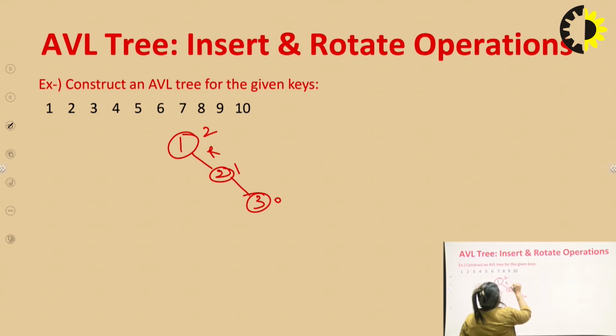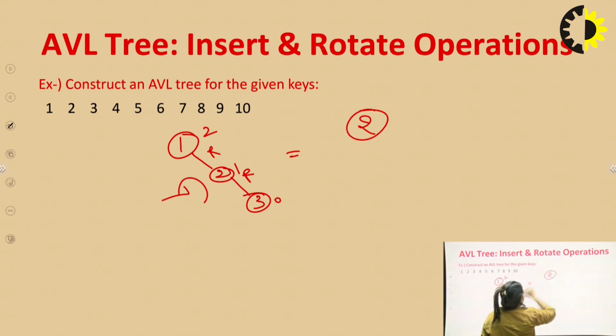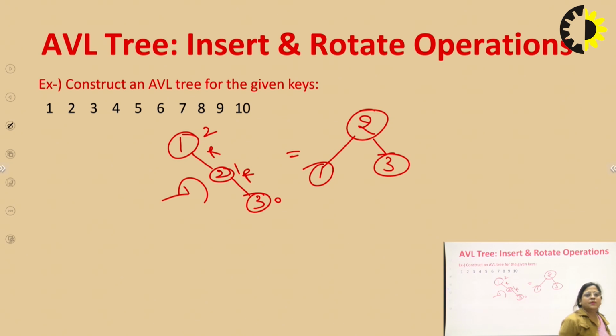It is RR. So in RR rotation we need one rotation, and that one rotation is anti-clockwise. So here 2, 1 and 3. Okay. Now check balance factor again: 1, 0, 0, 0.